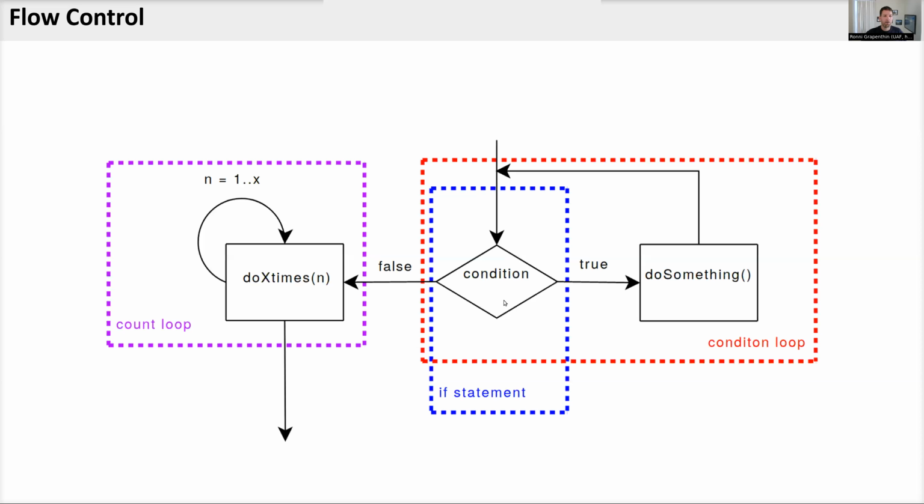And then there is a count loop where we want to do something a number of times. I hope that even now it is quite intuitive that if you need to do something 5 times, it's not a good approach to just write the commands out in the code 5 times.